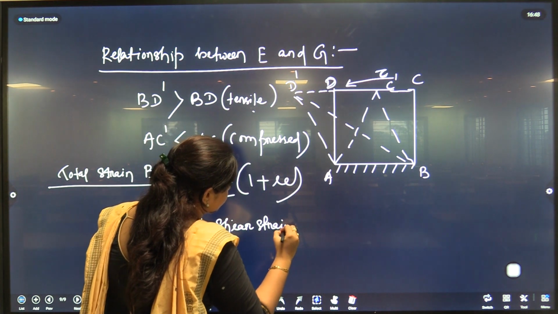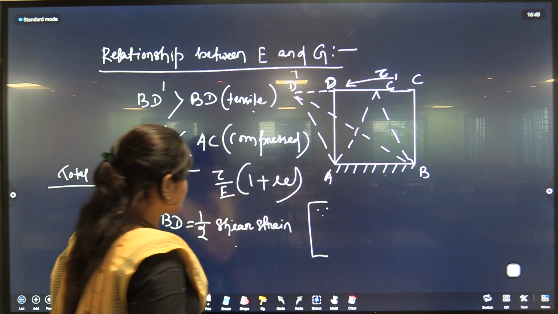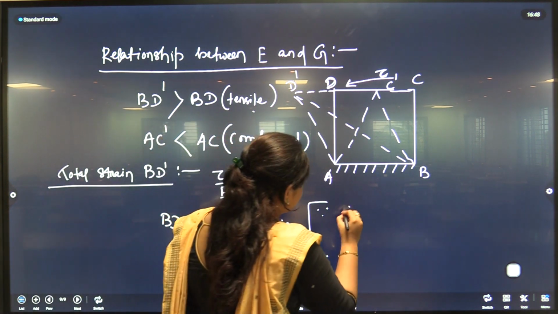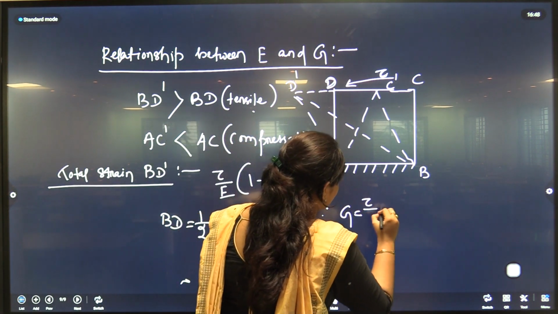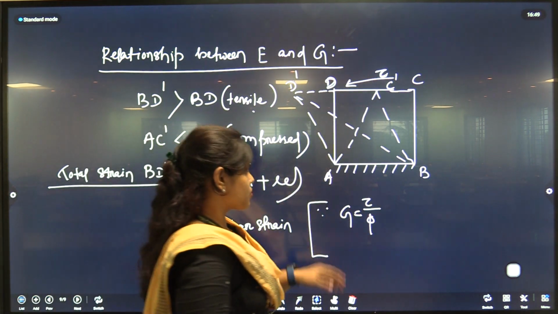But we know that the strain of BD is equal to half of the shear strain. We know that G is equal to tau upon phi. Here phi is shear strain and tau is shear stress.